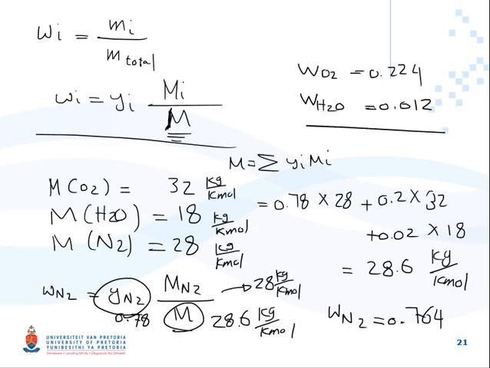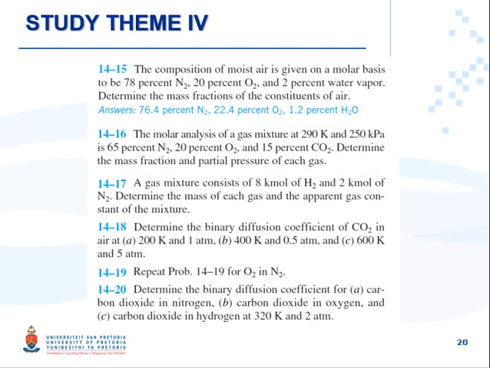Okay, so try to do it yourself and see if you can get the same results. You see that the results are mentioned here. The second one is saying that the molar analysis of a gas mixture at 290 Kelvin and 250 kilopascal is 65% nitrogen, 20% oxygen, 15% carbon dioxide.